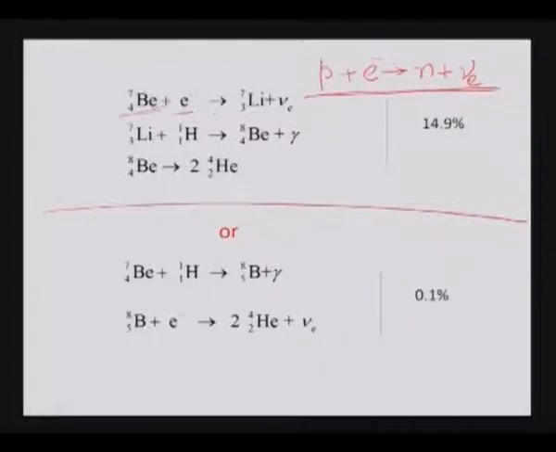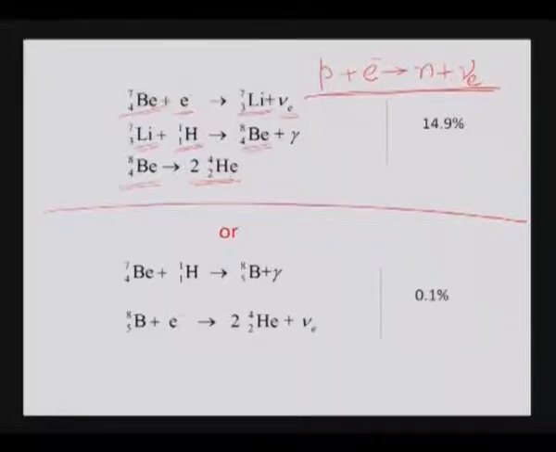So, 7 beryllium becomes 7 lithium and a neutrino is created, and this 7 lithium then combines with a proton and that gives 8 beryllium, which is also a very very unstable nucleus, which will quickly break into 2 alpha particles.